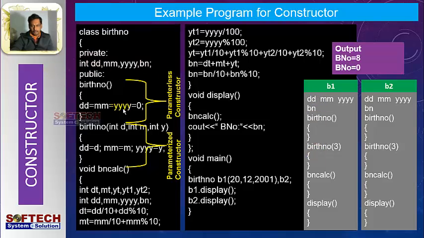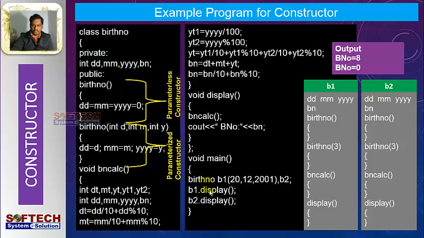So 4 data members and 4 functions: it gets a copy of 8 members from the birth number. So b2, this is also another copy of birth number. b1 is an object, b2 is another object.